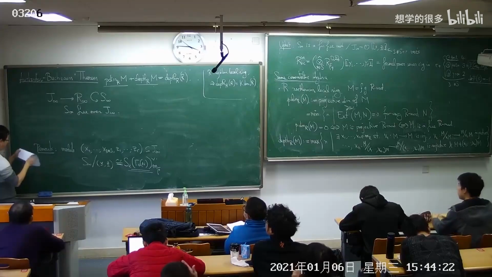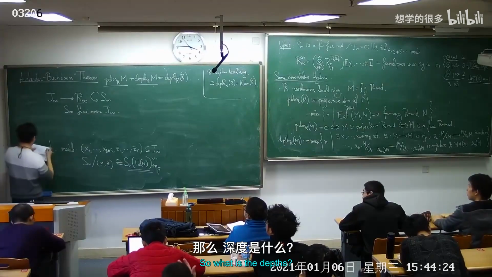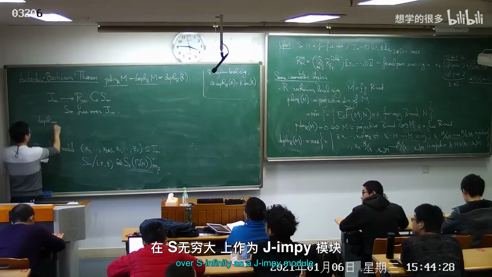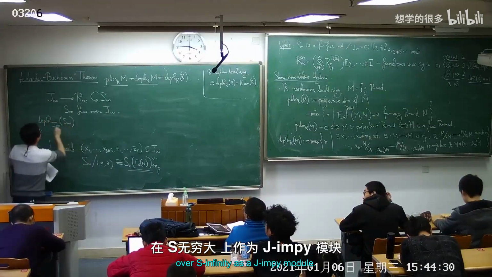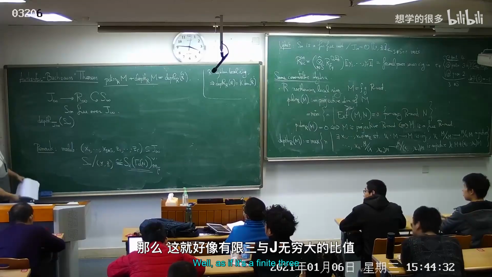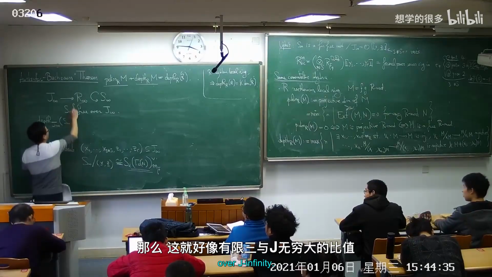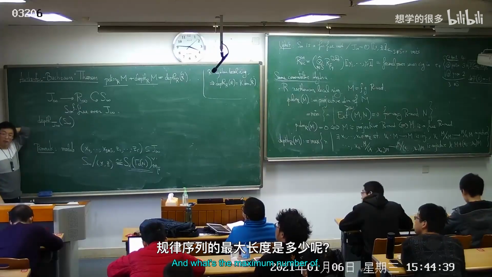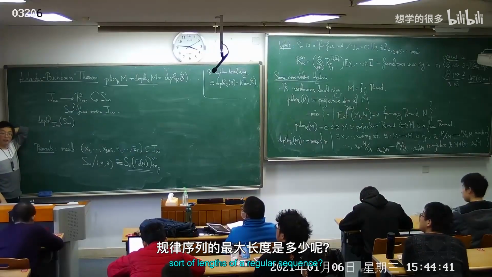Right. So what is the depth of S infinity as a J infinity module? Well, S infinity is finite free over J infinity, and what's the maximal length of a regular sequence?